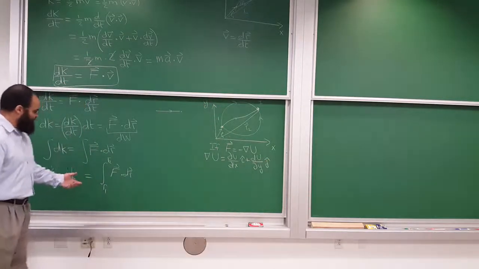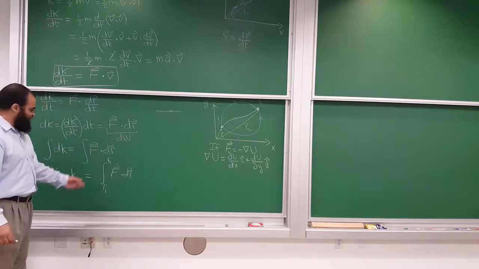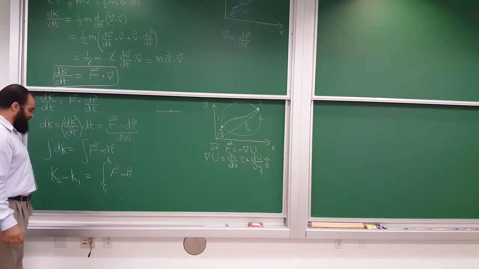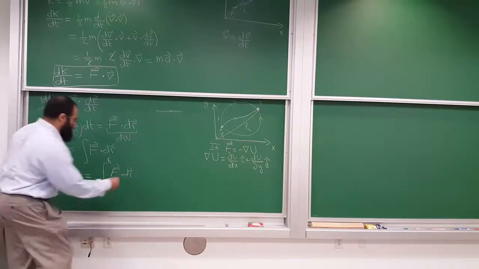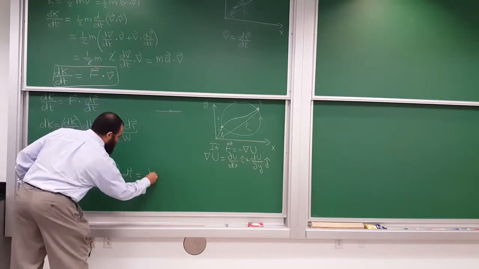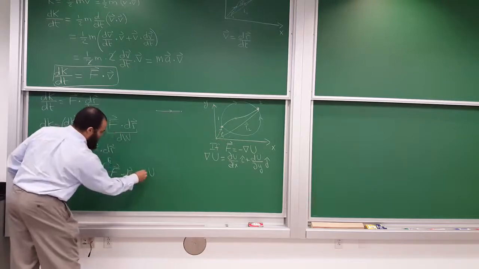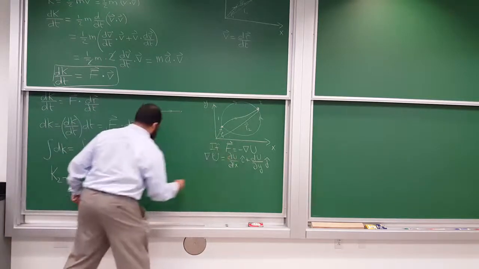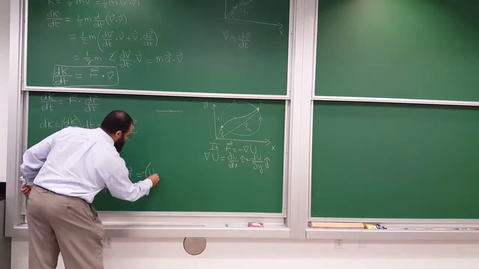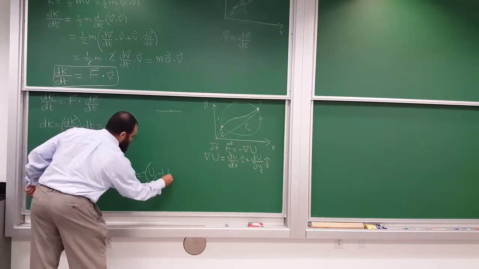So it says, if our function F comes from such a gradient of a function, then we're good to go. Then this is simply equal to U, well, I have a minus sign because of the definition over here. It's equal to minus U at position 2 plus U at position 1.